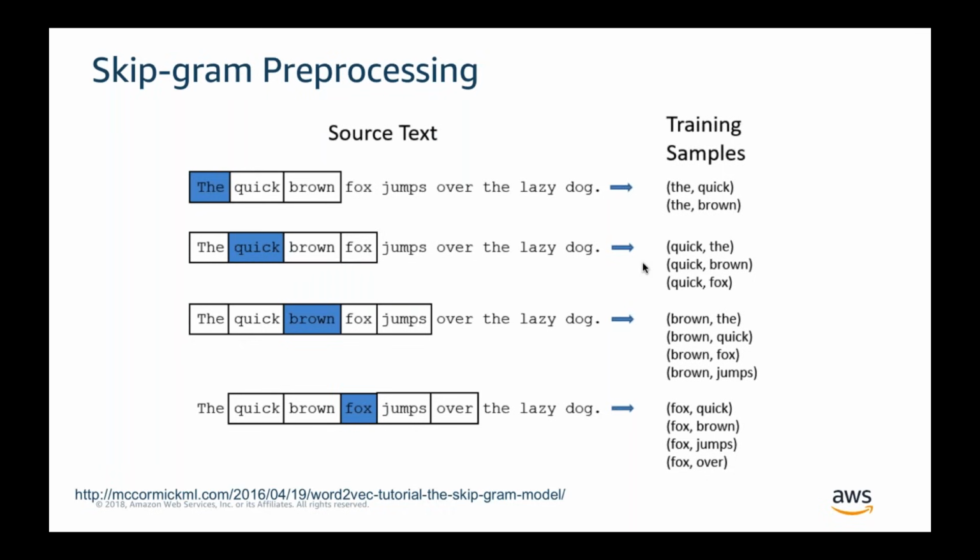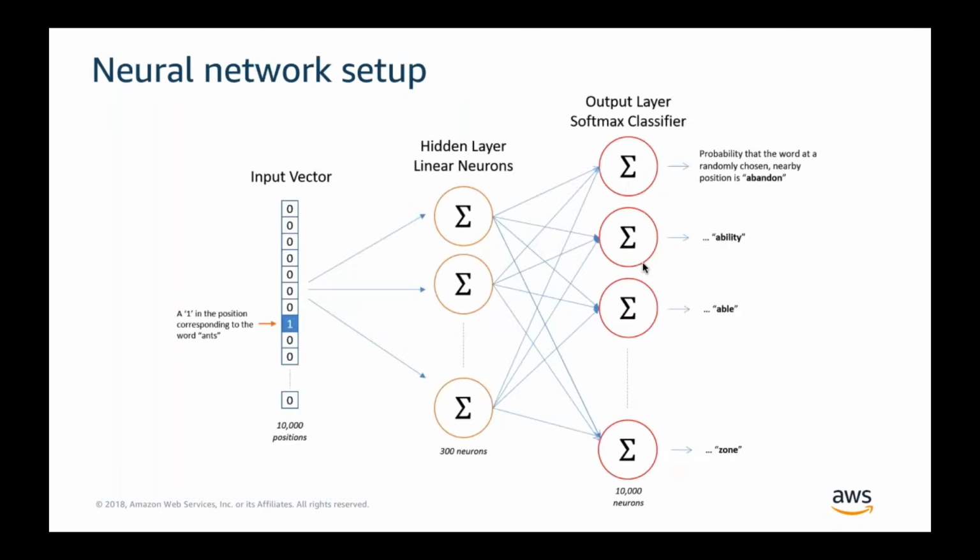All right, so that's the first step. The second step is that you're actually going to be using one-hot encoding for this. With one-hot encoding, you first convert each word into a one-hot vector, and you feed in the word of attention. Let's say the word quick is being used here. You feed the one-hot encoded input to this very shallow neural network.